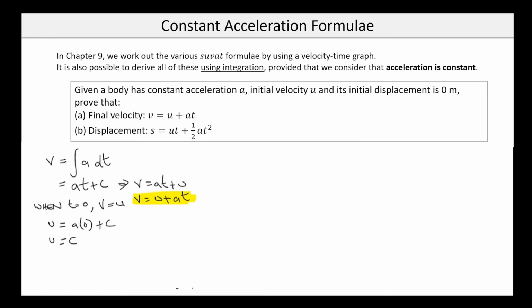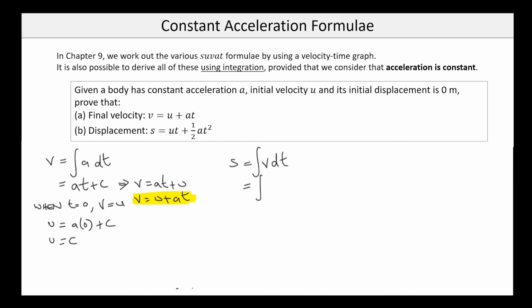Okay, let's go one step further. If we were to integrate the velocity, what will we get? I hope you're expecting to get displacement. Let's give it a go. So displacement is usually what we get from integrating velocity. We found that velocity is u plus at.